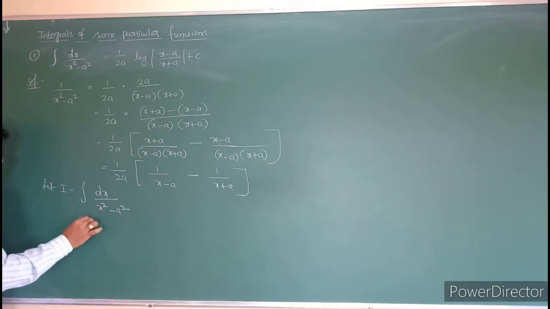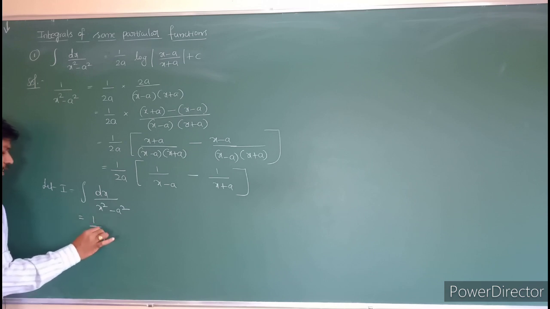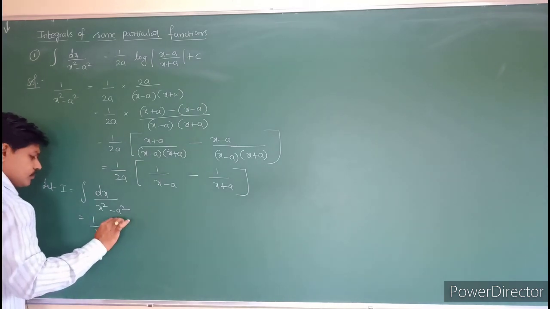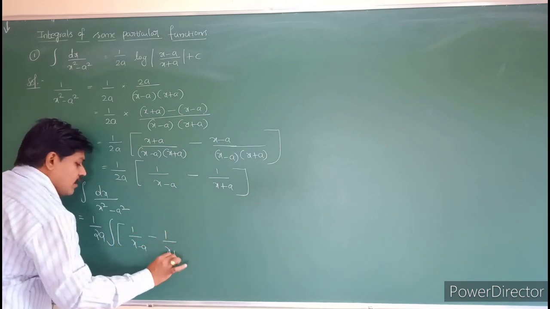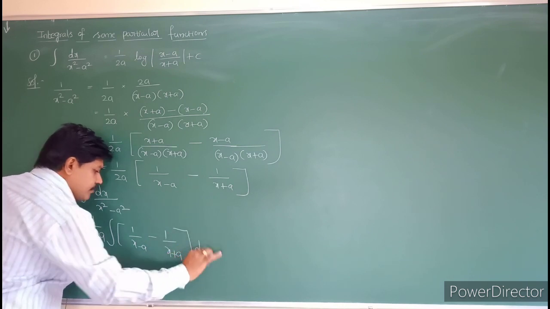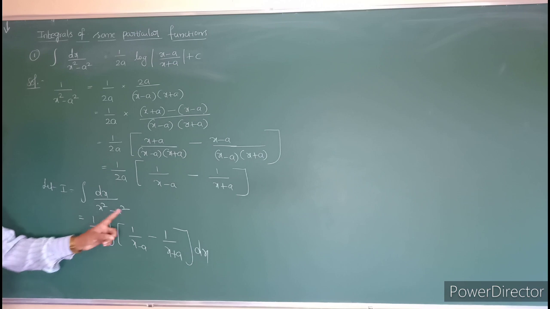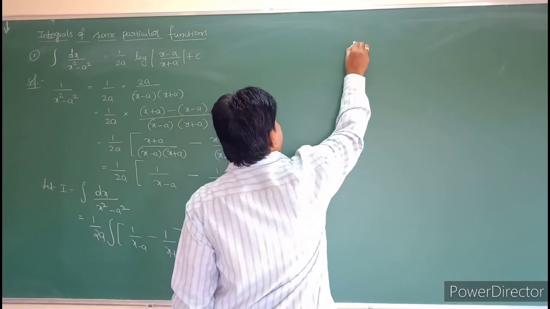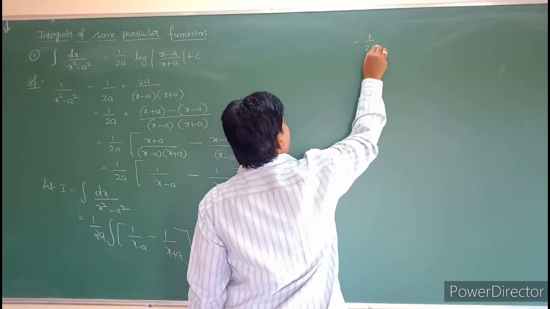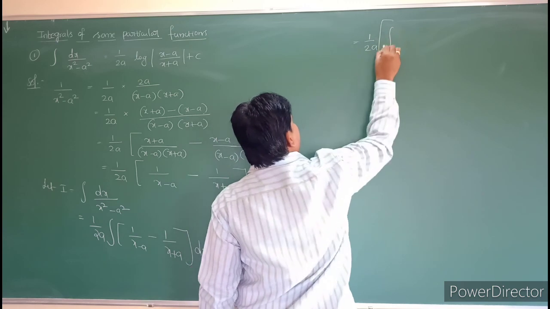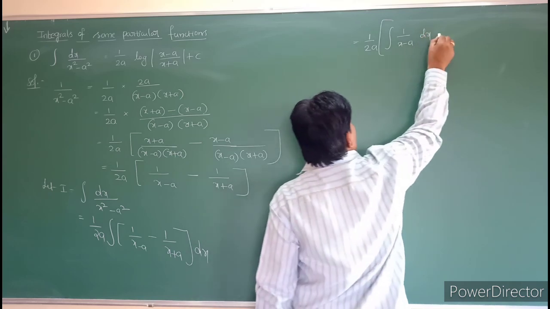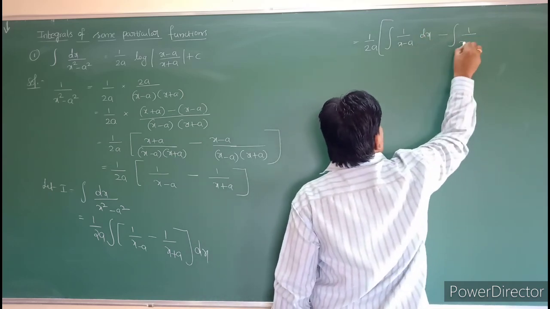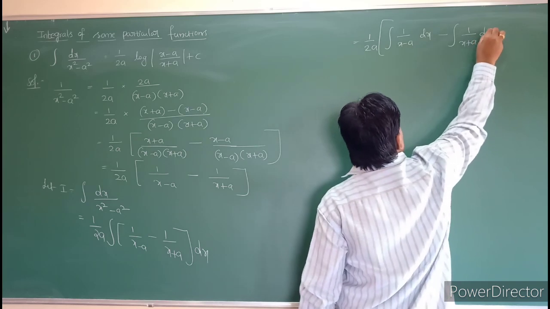So this value you can write as 1 by 2a into integral of 1 by x minus a minus 1 by x plus a into dx. So this is equal to 1 by 2a into integral of 1 by x minus a into dx minus integral of 1 by x plus a into dx.